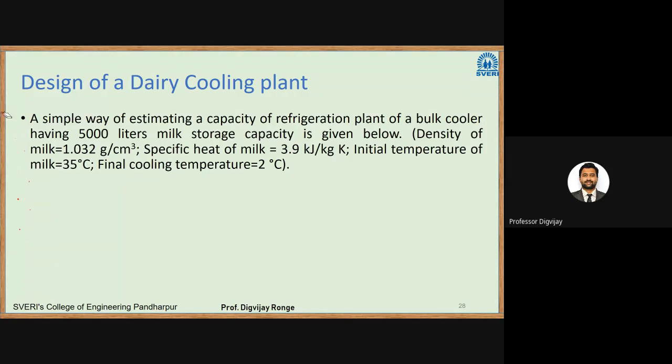Any answers? The values are in front of you, so you just have to calculate what the capacity of the refrigeration plant will be.